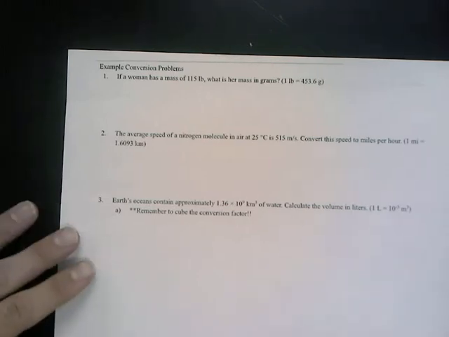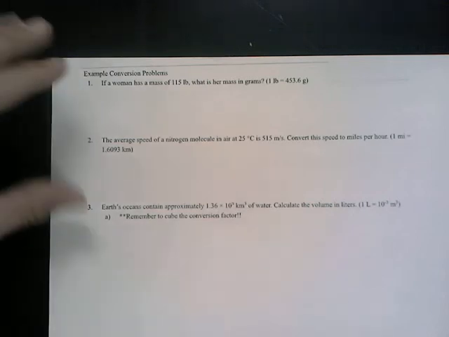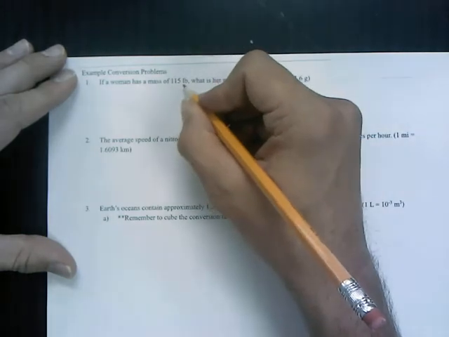So problem number 1: if a woman has a mass of 115 pounds, what is her mass in grams? The nice thing here, I included that 1 pound is equal to 453.6 grams. We always write down the unit and value that we are given first.